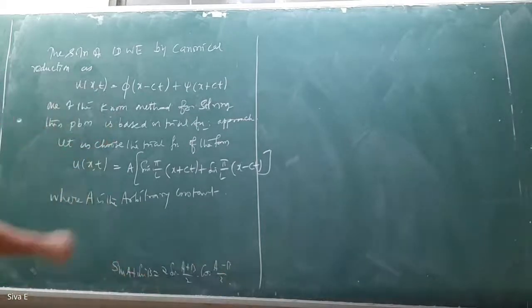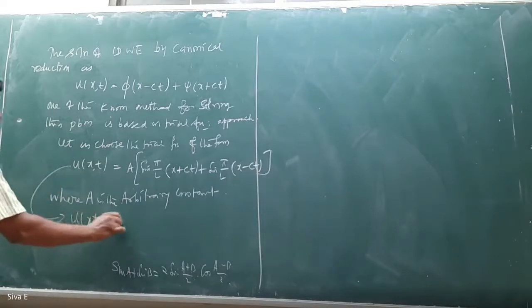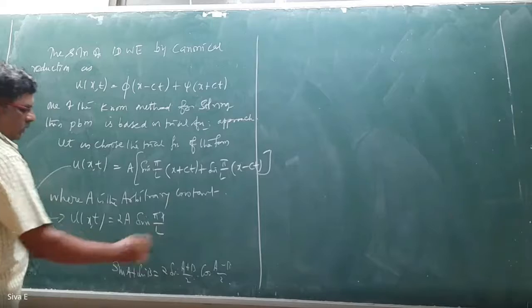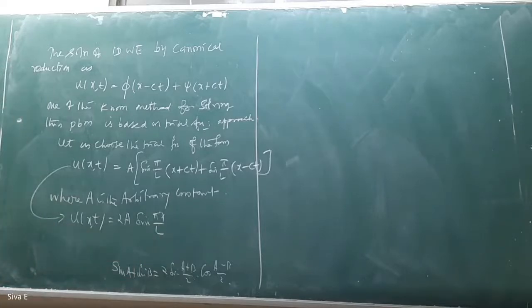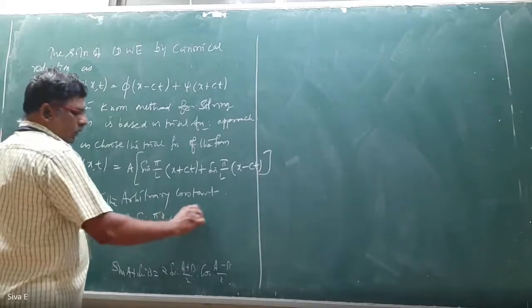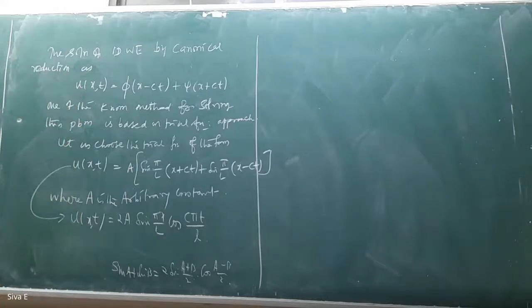So using this, it can be written as u of x comma t equal to 2A sin(πx/L) into cos(cπt/L).